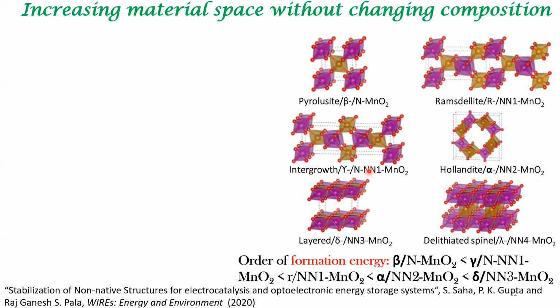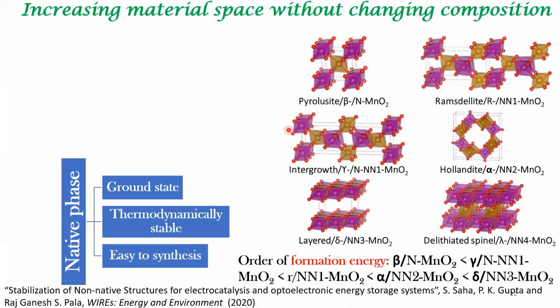We'll get back to our central approach for designing these material devices, which is using non-native structures. So the native structure, as I had mentioned, is determined by the bulk ground state material. These are thermodynamically stable materials.